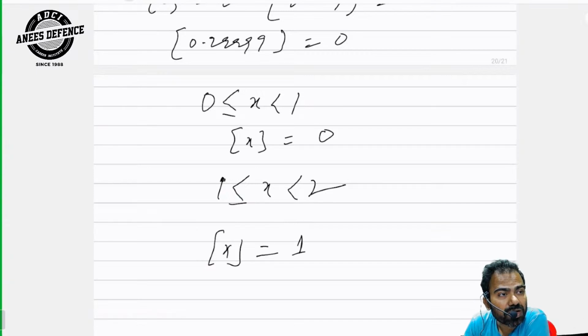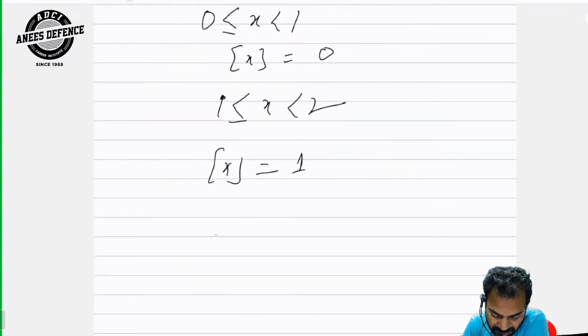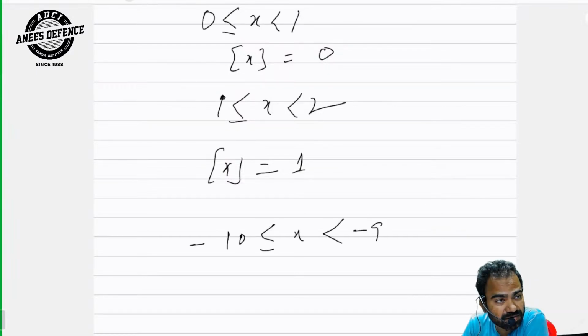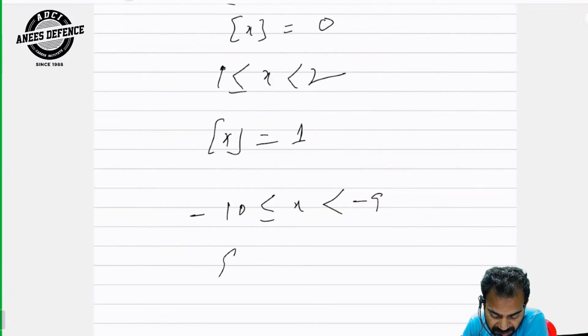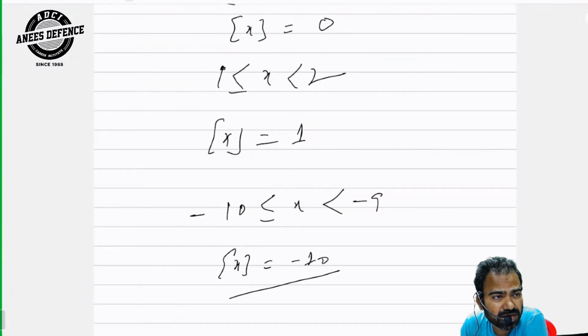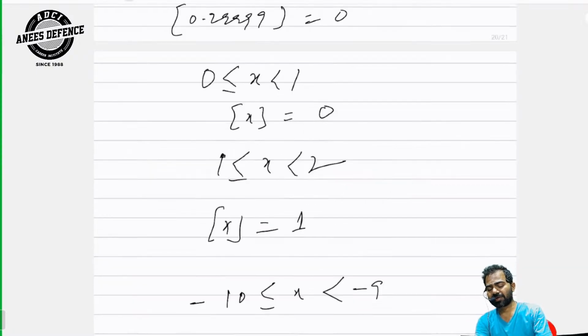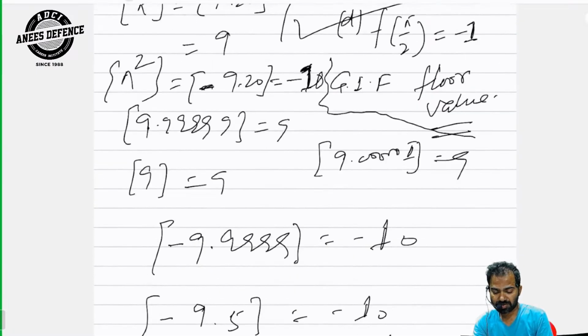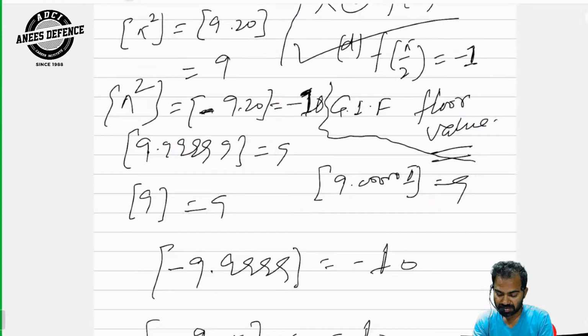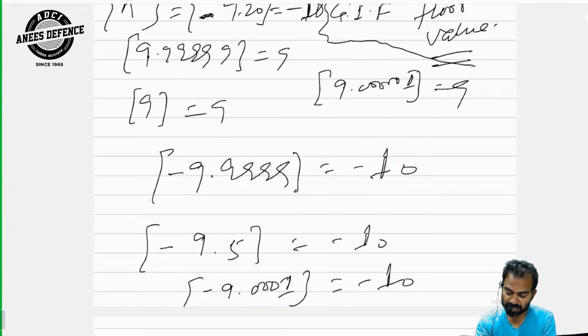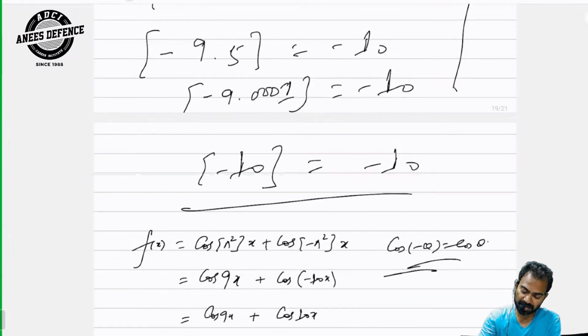So suppose minus 10 to minus 9, the floor is minus 10. Have you understood this completely? Same thing I applied there. So these are the concepts for questions solving.